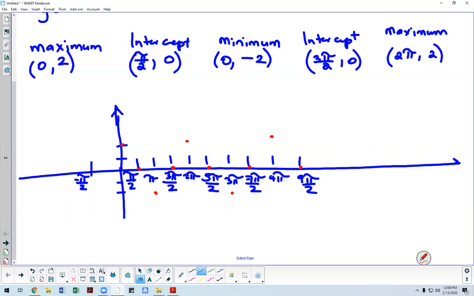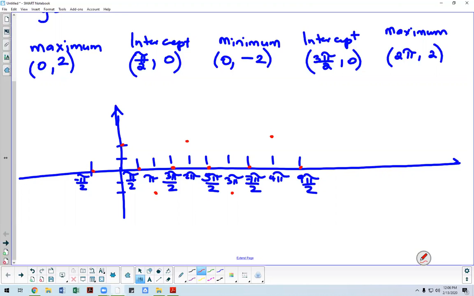Now, going backwards, if you're at a maximum here, so think of going backwards from here, what should be my next point before a maximum? Intercept, and where's that intercept going to be? Pi halves, yeah. Negative pi halves, which that distance is not even.